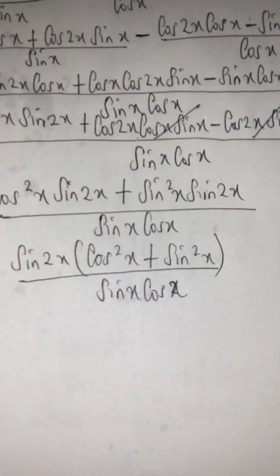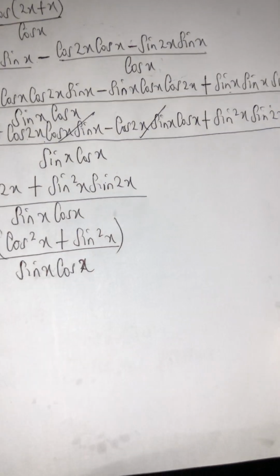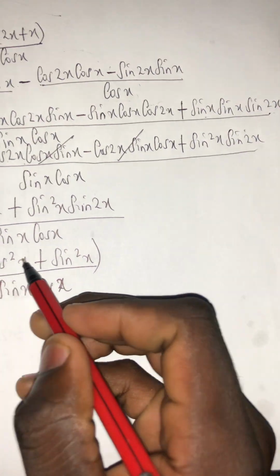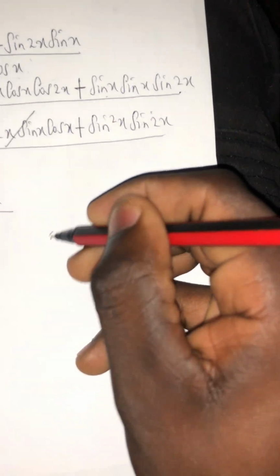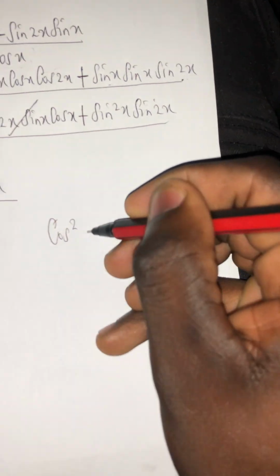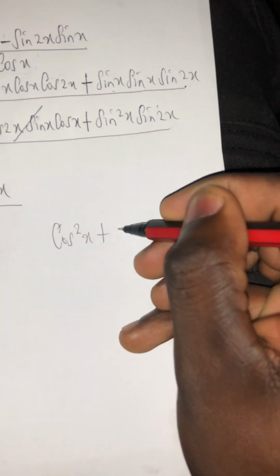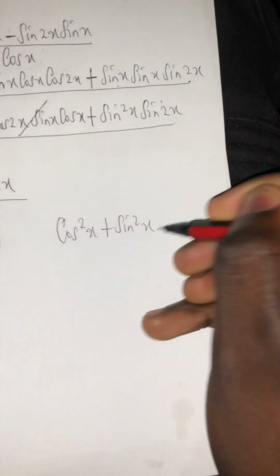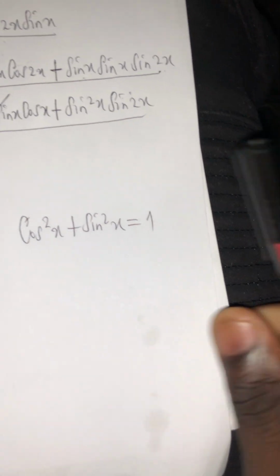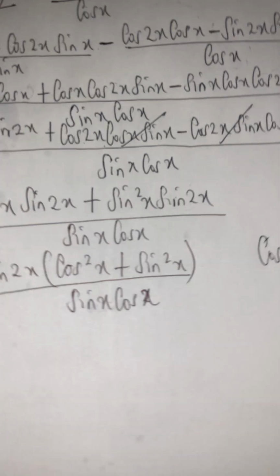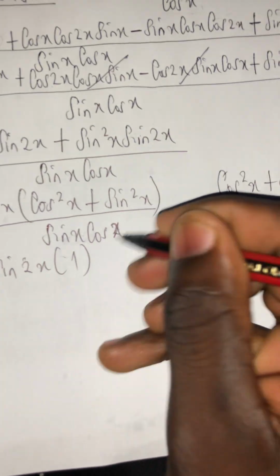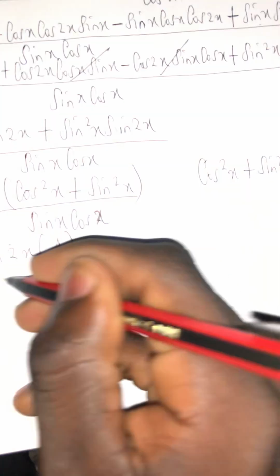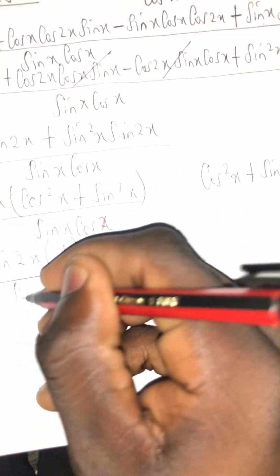Right, so at this point now, when you have cos square x plus sine square x, this is just equal to 1. So I'll substitute 1 there. So I'm going to have sine 2x, open bracket, here everything is just 1 over sine x cos x.